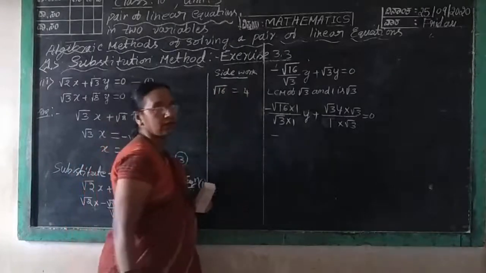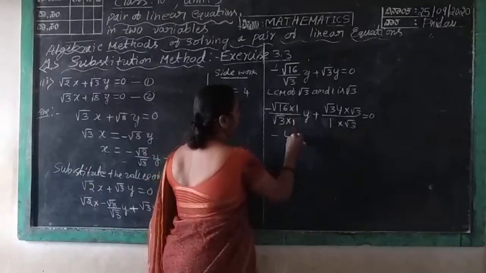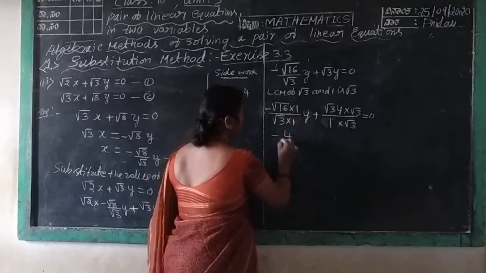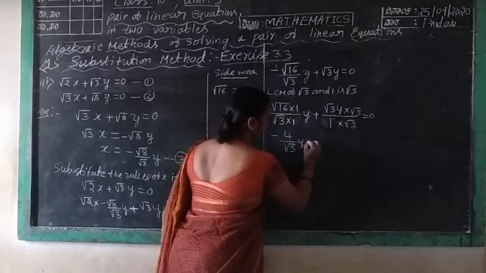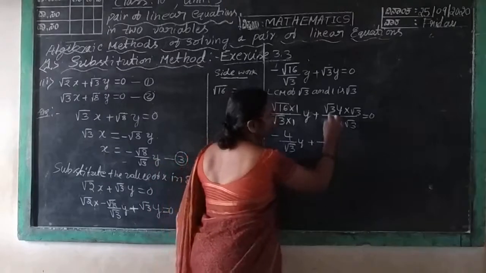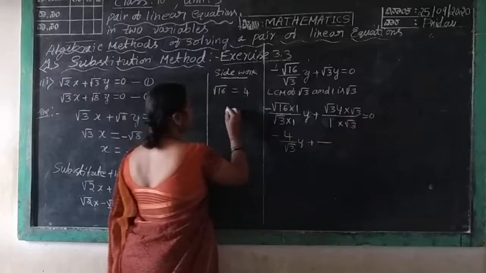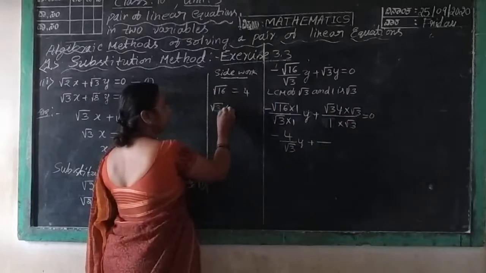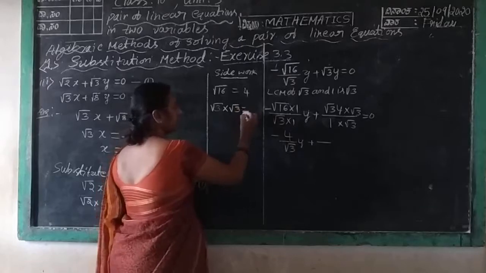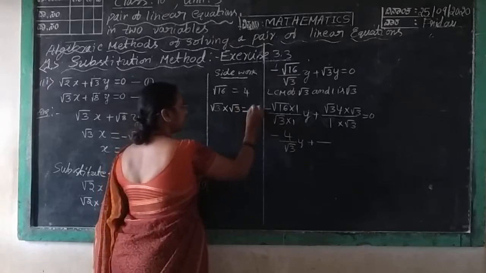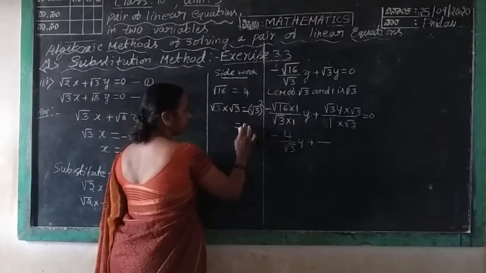Then minus root 16 is equal to 4 by 3 y, plus we will multiply root 3 y into root 3. We will get root 3 into root 3, which is 3. Why? Because root 3 whole square becomes 3.